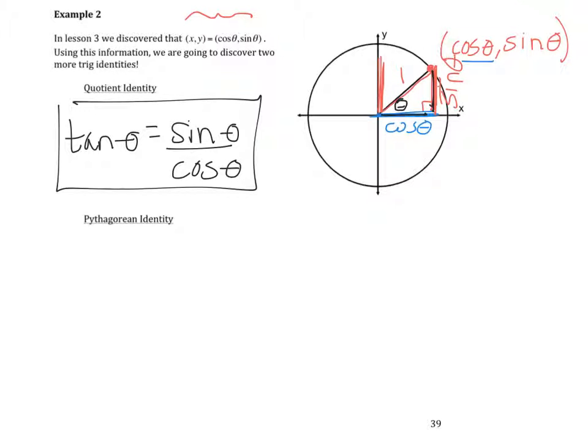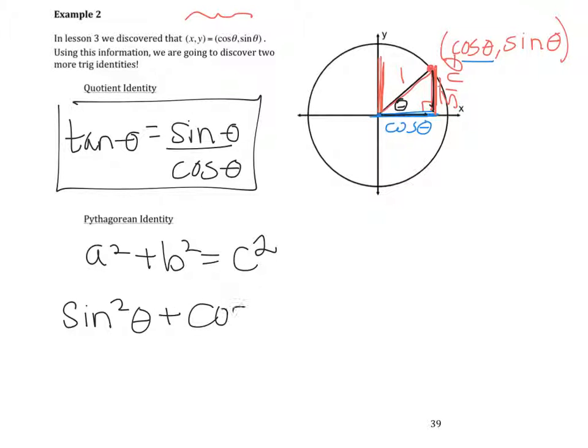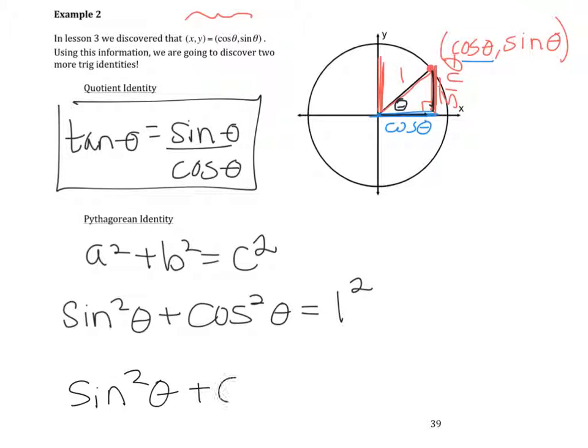We can transform that to trigonometry to be, now that we have sides of the legs, sine squared of theta plus cosine squared of theta is equal to 1 squared. If you simplify 1 squared, it just results in sine squared of theta plus cosine squared of theta is equal to 1.